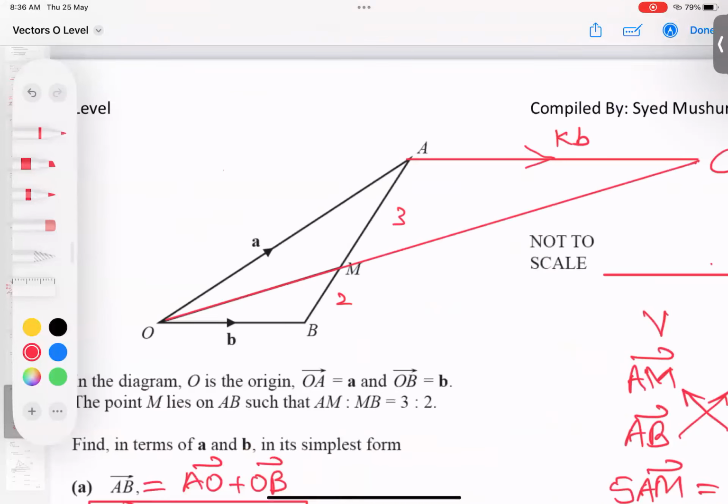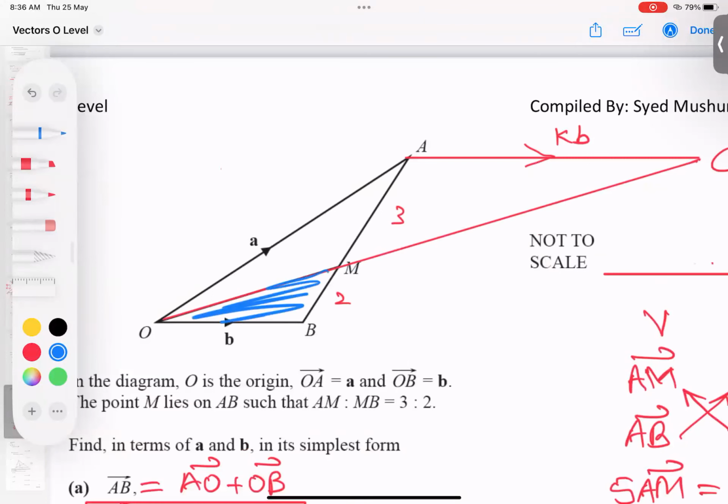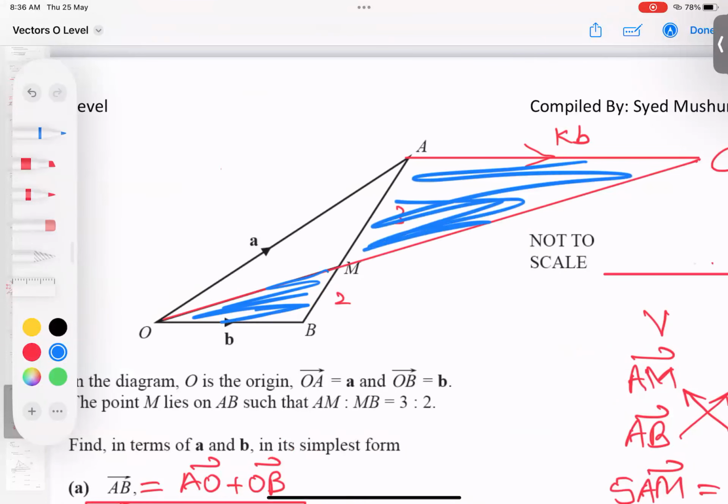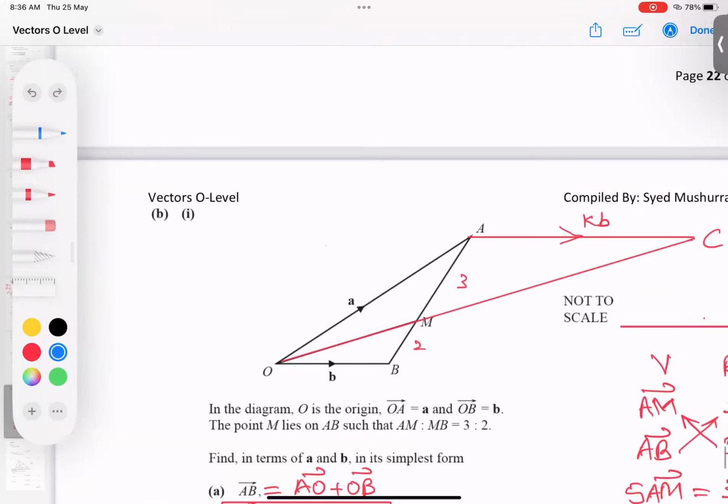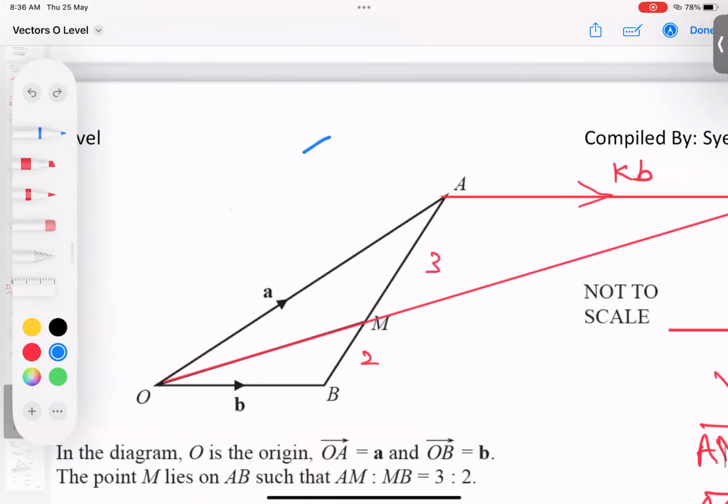I will use similarity on this triangle, students, and this triangle, and try to take help from here. Two triangles are similar. And you know what similarity conditions we have, students? Whenever two lines cross like this, these angles are equal to each other, vertical angles. Can you see this cross and this cross, students? They're cutting here. So I can say clearly, this single cut and this single cut are equal to each other.